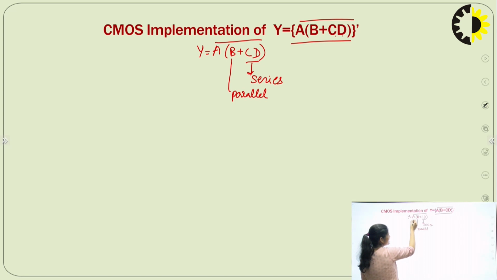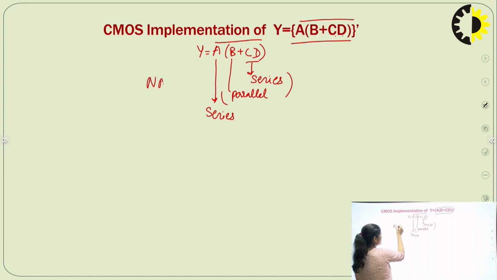And A is in series with this circuit. Okay. Now, can we implement it? First, this is the case for NMOS. So, you should remember the case for NMOS, and in PMOS, we can take the invert property. Means if C and D are in series in the case of NMOS, then C and D are in parallel in the case of PMOS.